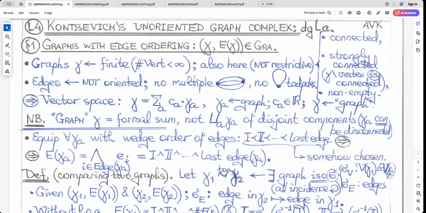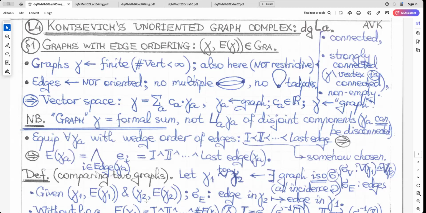The topic which I review now was created 30 plus, maybe 32 years ago by Maxim Kontsevich, actually in the context of mirror symmetry. In mirror symmetry, as it was designed in 92, 93, it didn't work.